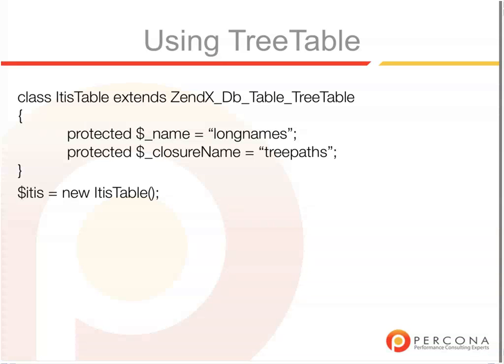Here's how one would use it. I just create a concrete table, ITIS table, extending my abstract table that holds the queries that I would do against the closure table, and have some protected values that name the SQL tables that contain the names, and also the closure table, the tree paths table.